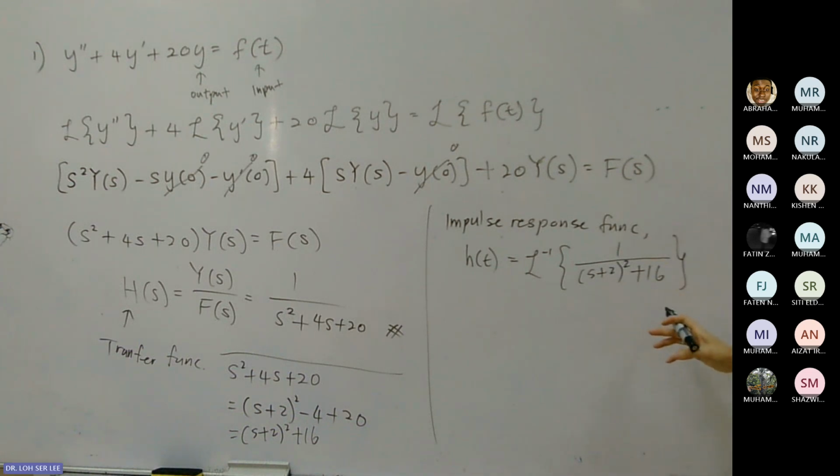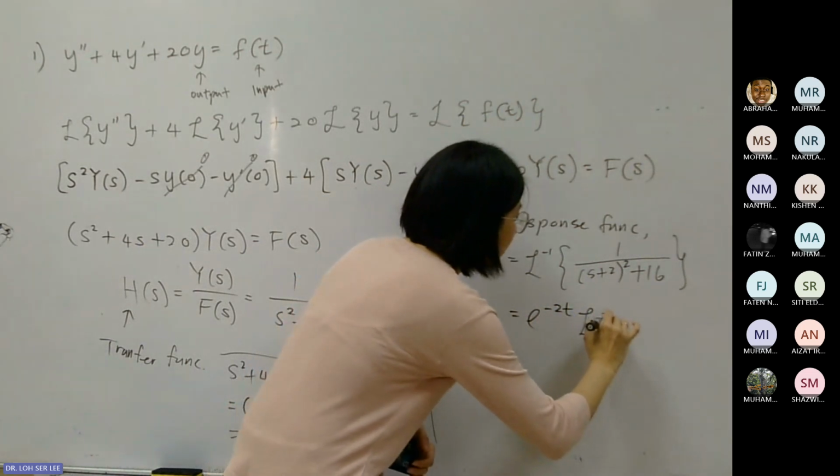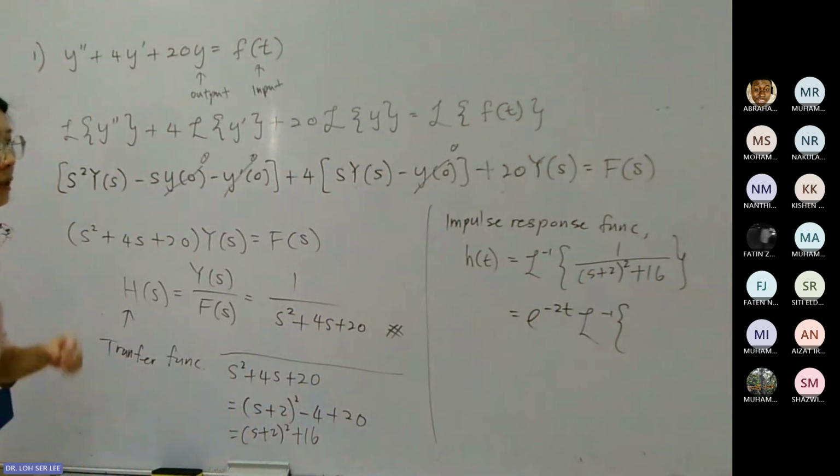To inverse Laplace this function, we apply the first translation. We want to take out the plus 2. So inverse Laplace, we take out plus 2, you have e to the negative 2t.